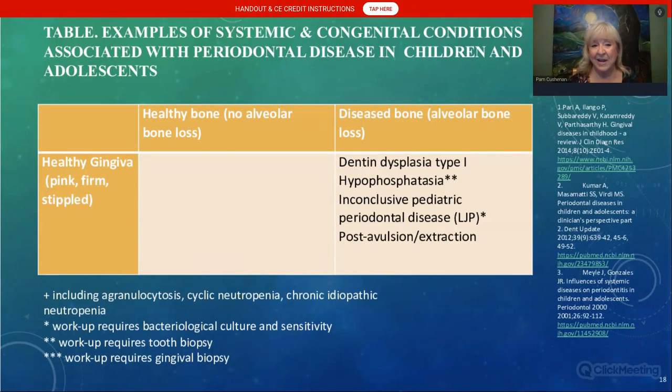Now, I've included in your handouts 2 really nice charts that you can review. As far as children and adolescents, we have a chart that shows healthy bone with their gingival issues and oral systemic issues, and what involves diseased bone.